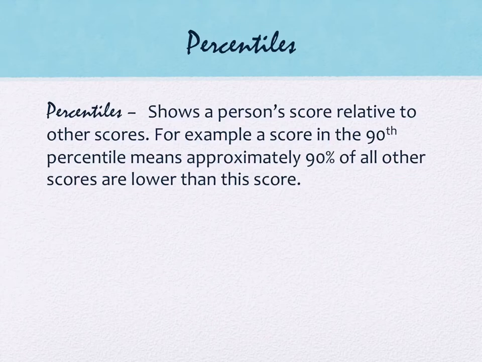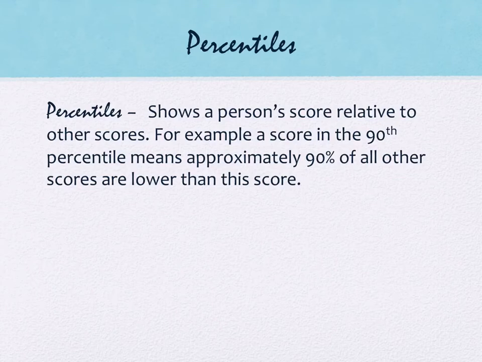Percentiles are also used with standardized testing. Percentiles actually show a person's score or value of something relative to other scores. For example, a score in the 90th percentile means that 90% of all other scores would be lower than that score. It doesn't mean you got 90% right. Okay?